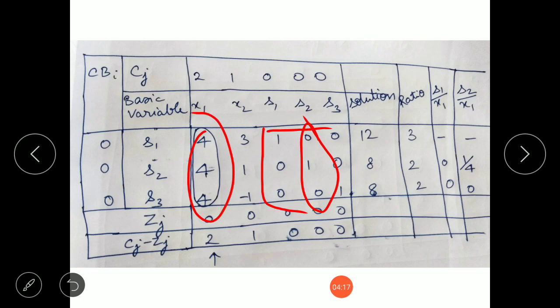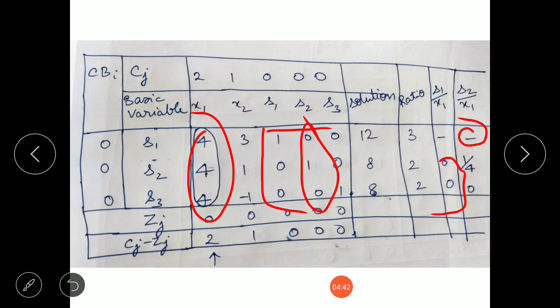So the next step is S2 divided by X1, that is the second column of the slack variable matrix divided by the key column elements. Again we'll not find the first element, as this is not a tie element. The tie has occurred for the second and third elements.